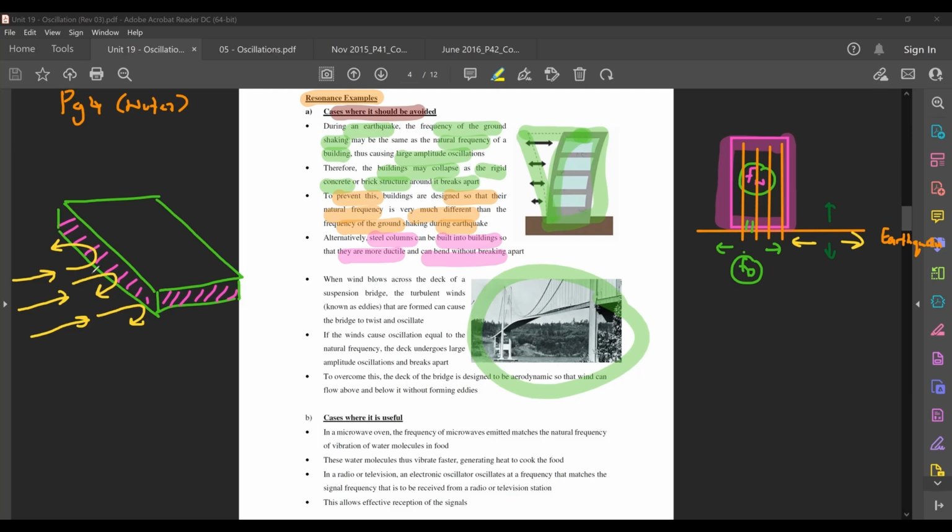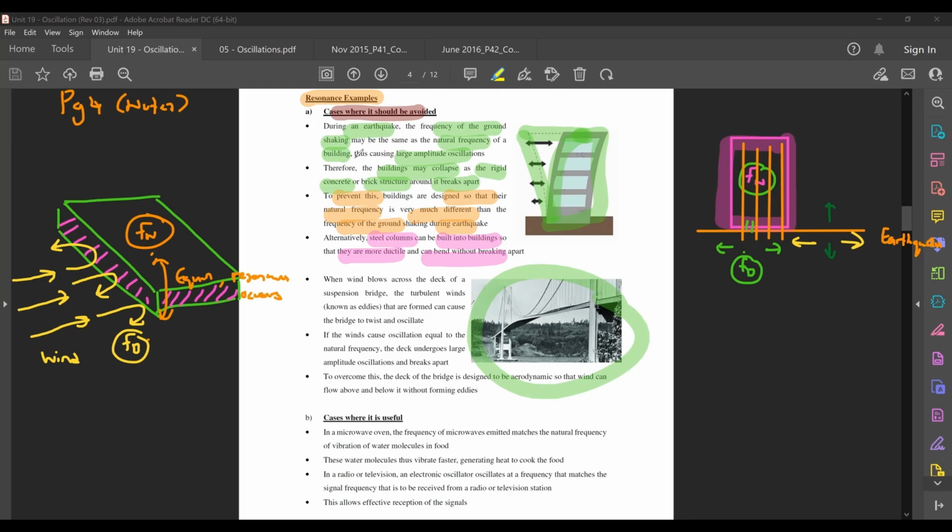So right now, your wind is applying some sort of driving frequency onto your bridge. And your bridge itself, again, has its own natural frequency. If it just so happens that your driving frequency equals your natural frequency, you have resonance. If driving frequency equals natural frequency, resonance occurs.